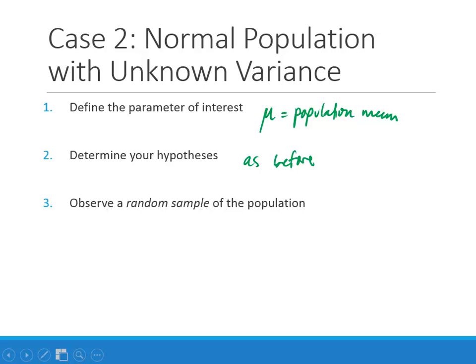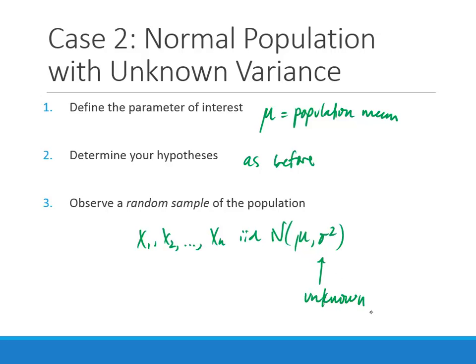The hypotheses are not going to change in this case. And we're still going to observe a random sample, x1, x2, and so on, IID normal, mean mu, variance sigma squared. But now this is an unknown variance. So getting slightly more realistic here.